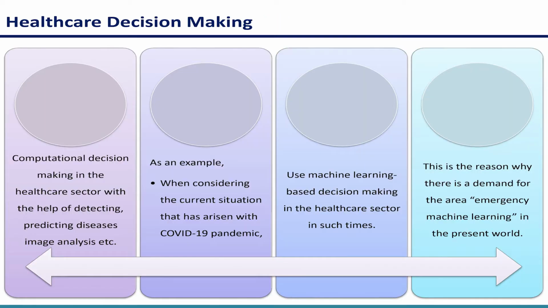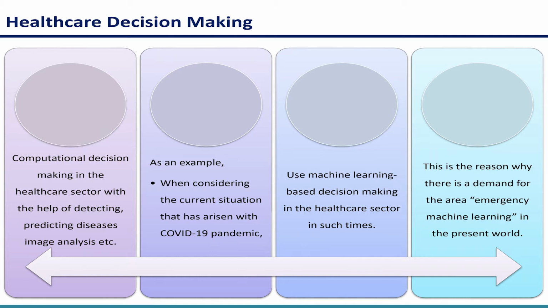Healthcare decision making is computational decision making in the healthcare sector, helping with detecting and predicting disease, image analysis, and so on. These computational methods support detecting and predicting disease, detecting treatment, and analyzing images.